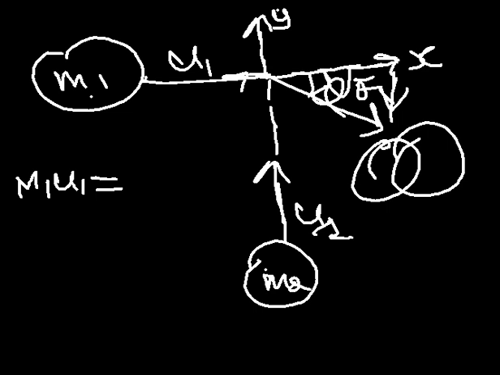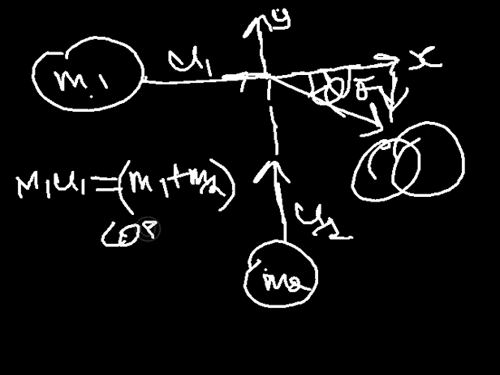The x component is pointing in the positive direction, so we'll have m1 plus m2 times cos theta times vf, because after they collide they stick together.